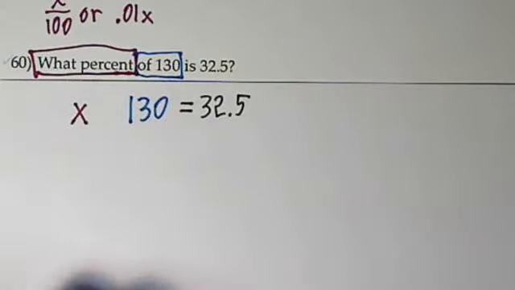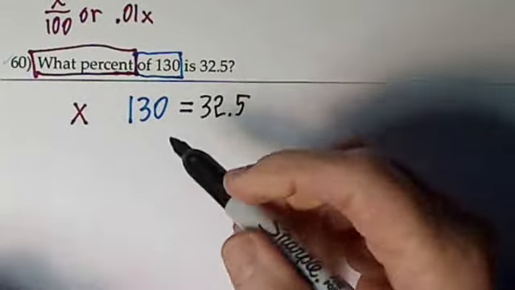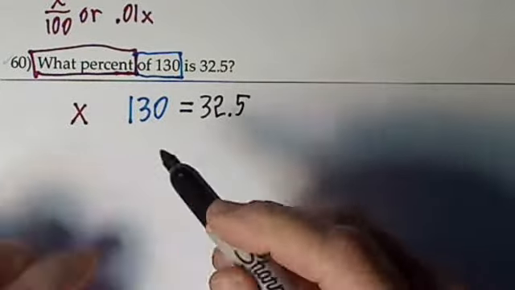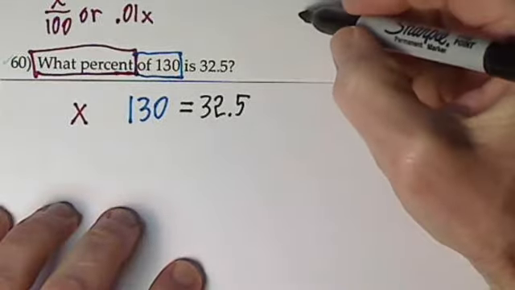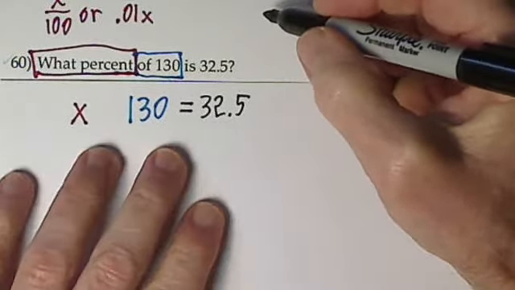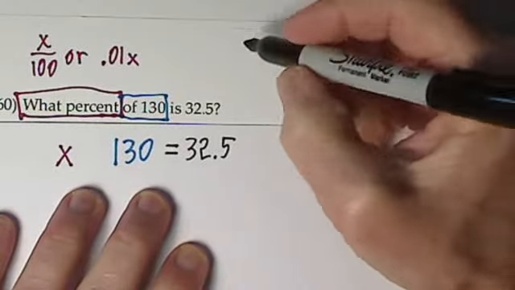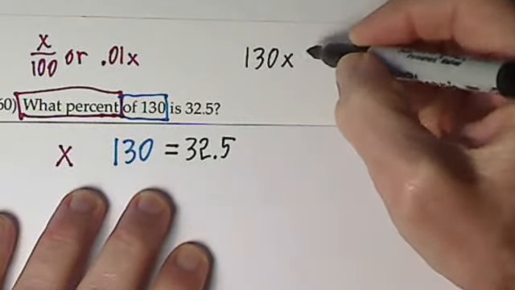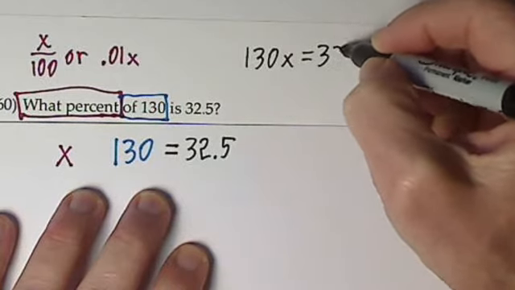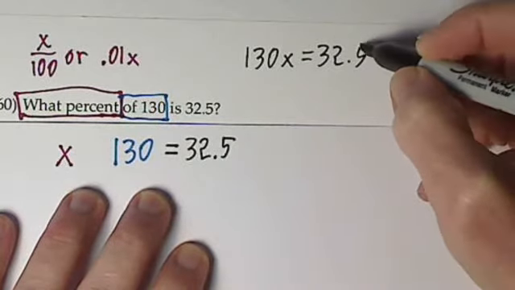I'm going to solve it from here. This x times 130 is usually written in a more common way. You would usually see 130x equals 32.5.